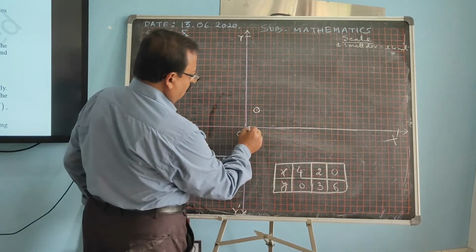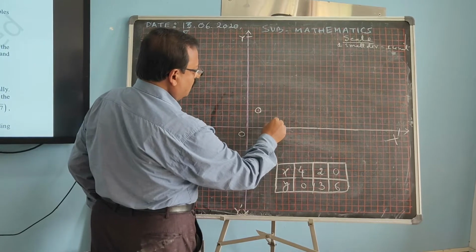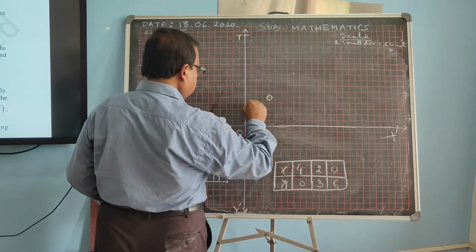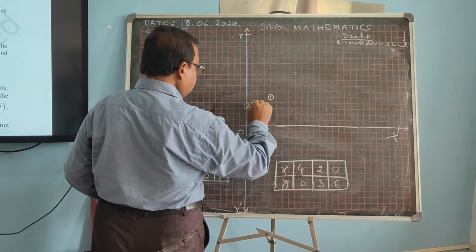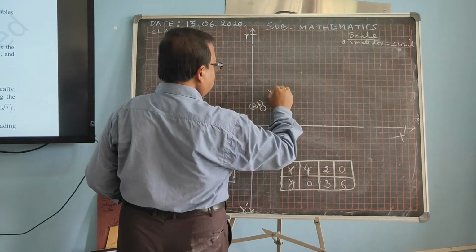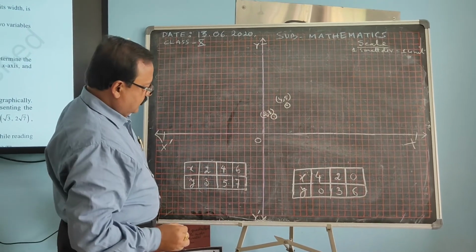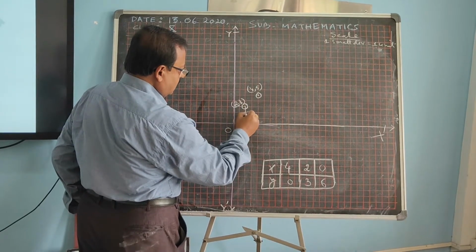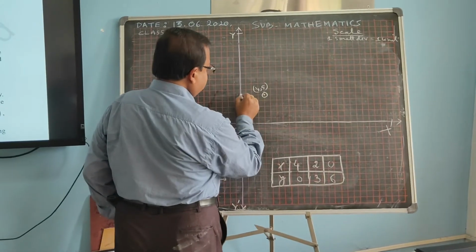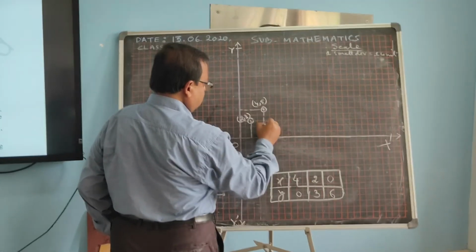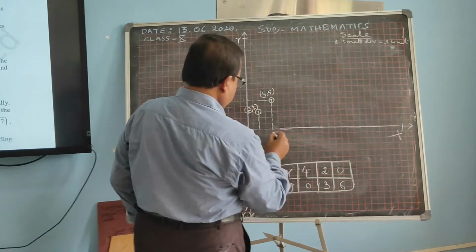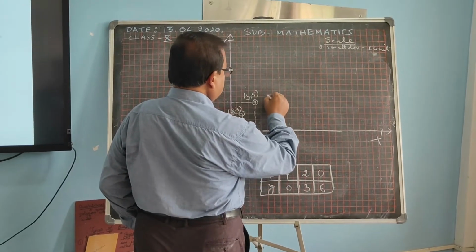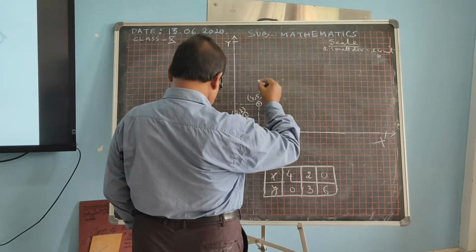Next 4, 5, then 1 2 3 4 5. Then we can write here 2, 3, 4, 5 and 6, 7. You can plot like that also.